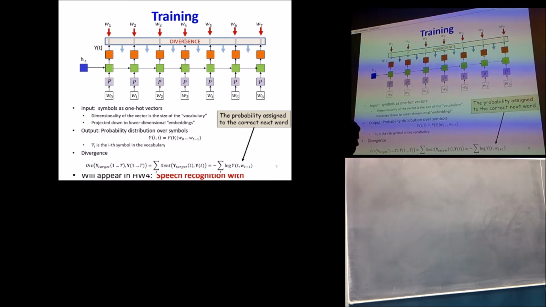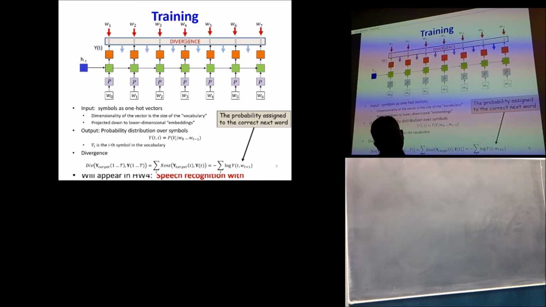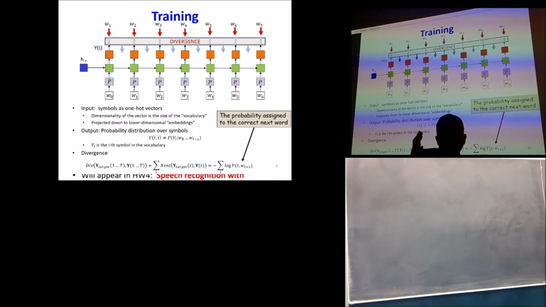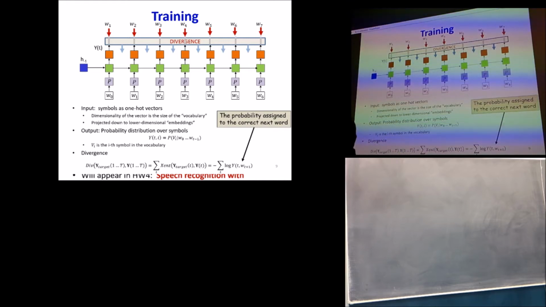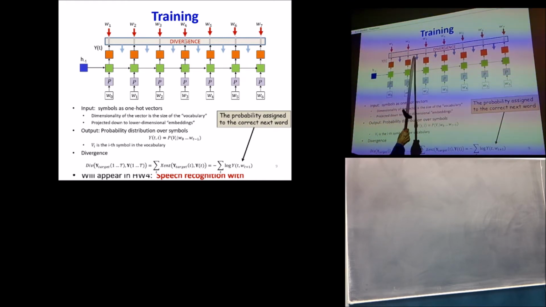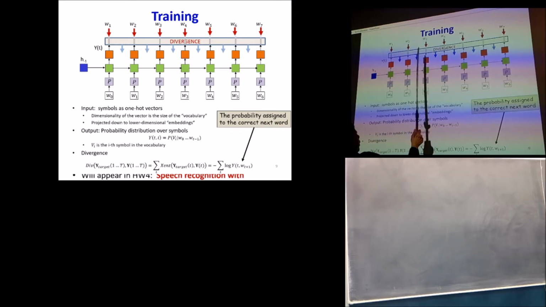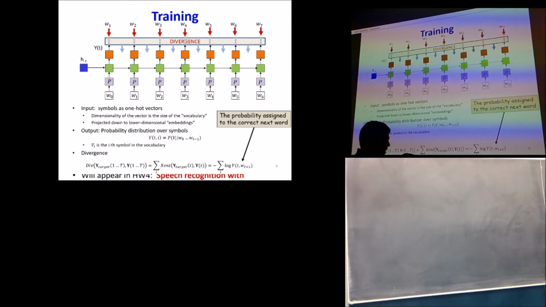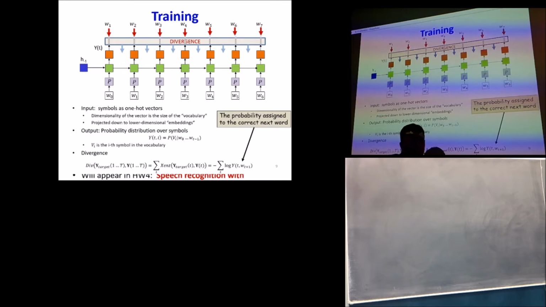And as we've seen from the math in prior classes, if you define this divergence as the sum of the cross entropies between the output of the network at each time and the one-hot representations of the words at each time, then the divergence itself simply becomes the negative of the sum of the log of the probabilities assigned to each word at each time.